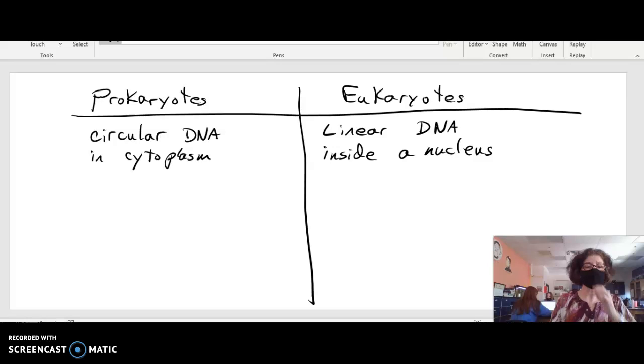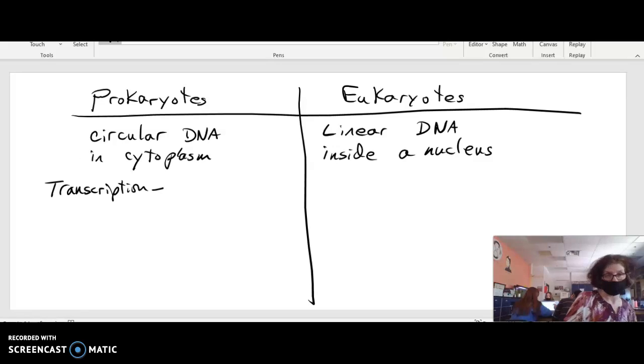Okay. So now let's talk about transcription. Transcription for both of them, right? So transcription in a prokaryote, how is DNA organized in terms of the genes along the string of the DNA in a bacteria? It's called a what? It's called an operon. Very good.